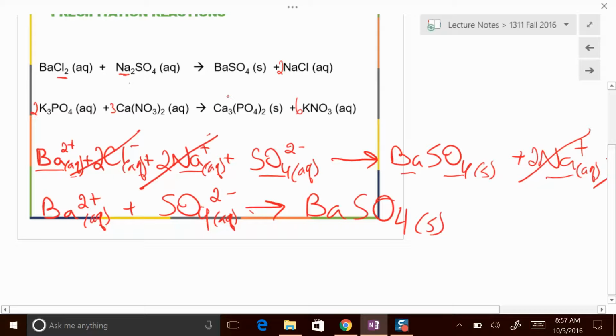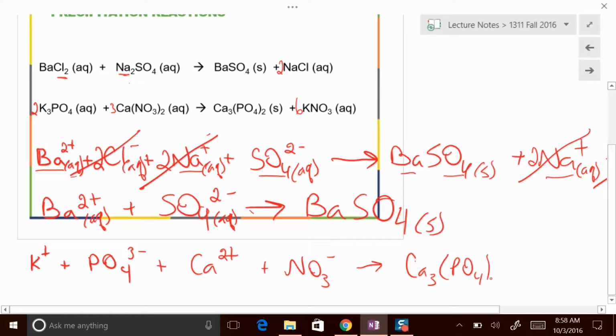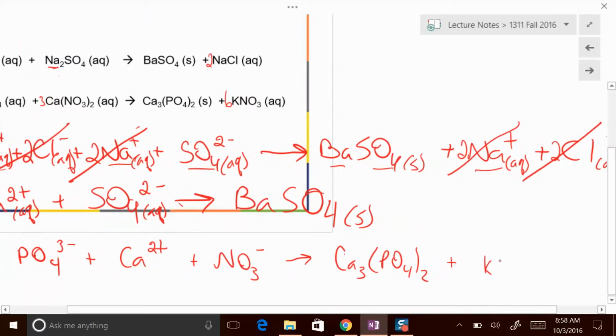Okay, so here is my equation. I have K plus PO4 3 minus plus Ca2 plus NO3 minus produces Ca3(PO4)2, because they stay together, okay, plus K plus NO3 minus.